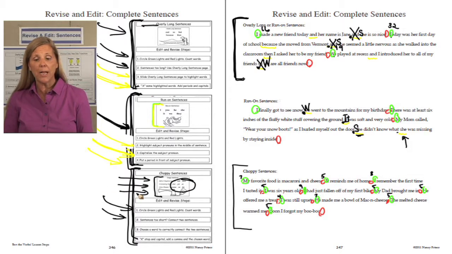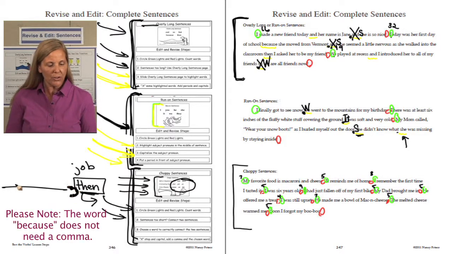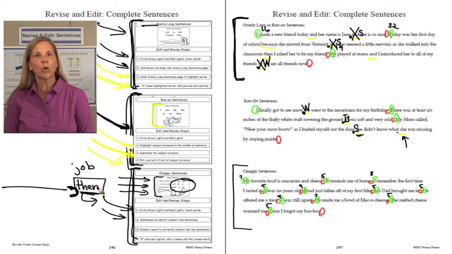The contrasting, but, yet, or, give a reason, because, so, for, they would use one of those words to connect the 2 sentences together. Notice there is a comma, and then you have the word, like comma, then. So the comma tells us, oh, here's the first half, here's the second half. If then is the job of the second sentence, where would it go? After the comma.